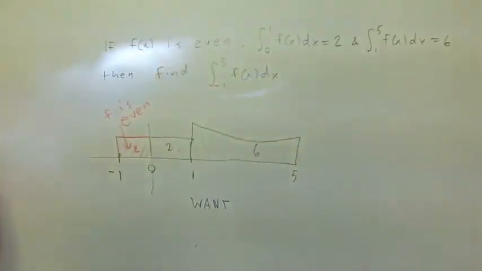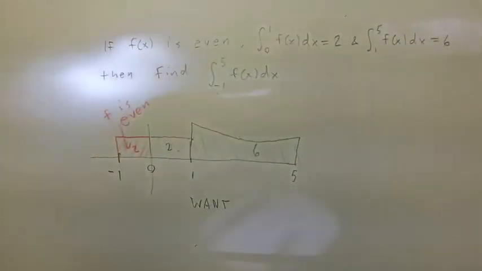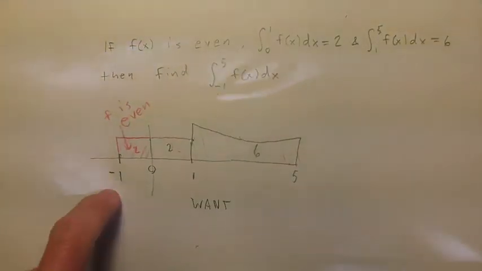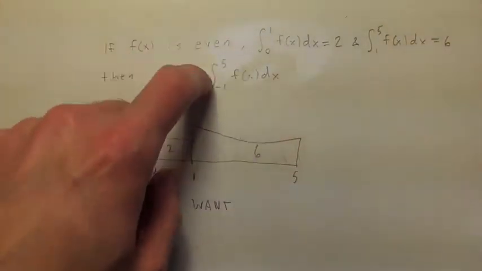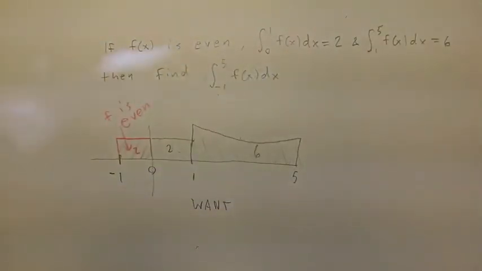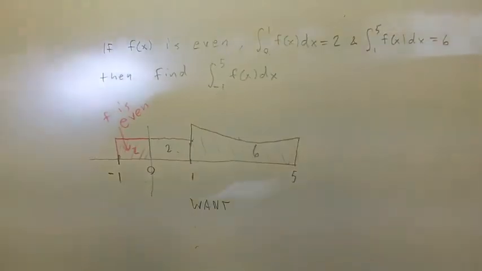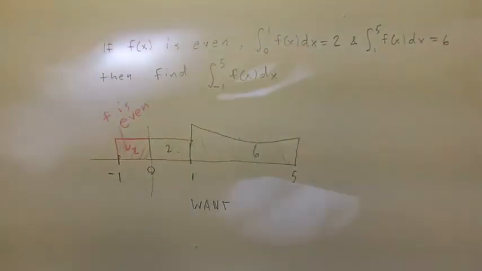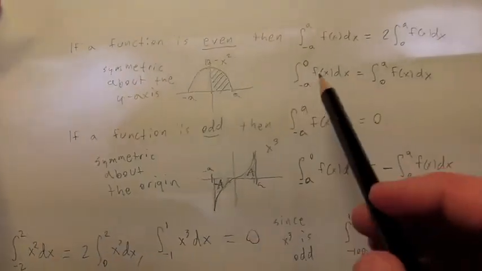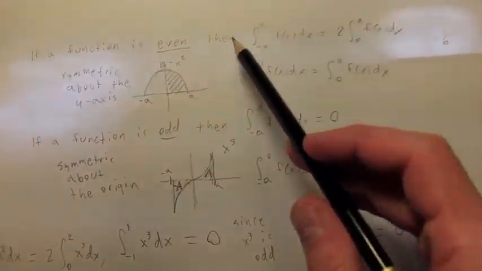All right, but how do we write this with properties? It's good to know what's going on graphically, but properties is what's important because you can't always draw a picture, right? It takes too long. You have to get familiar with these rules eventually. What we basically do is we go to our even and odd statement. It said that if a function's even, then this is true with the integral.